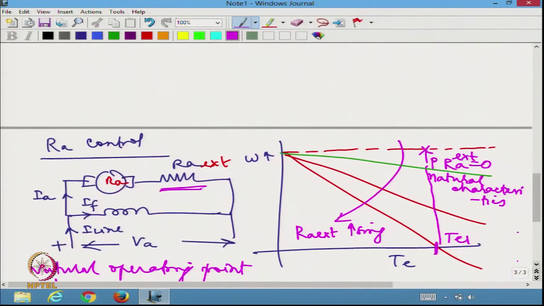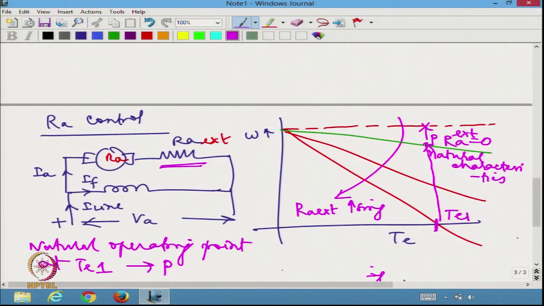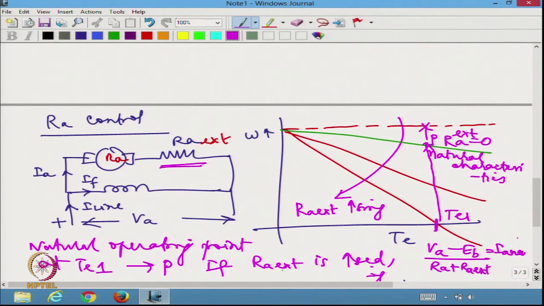So, now if I actually increase the resistance, if RA external is increased, immediately I am going to see that the current flowing here, IA, will get decreased, because I have VA minus EB divided by RA plus RA external as the new IA.